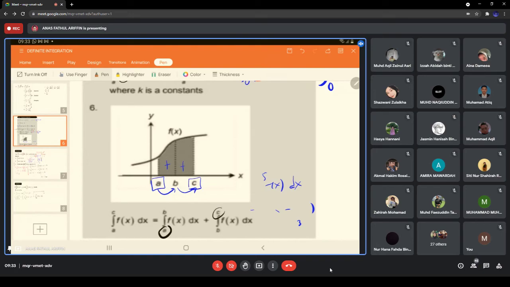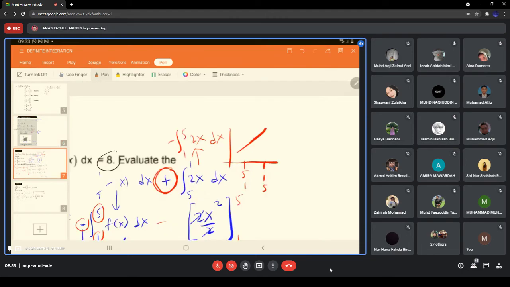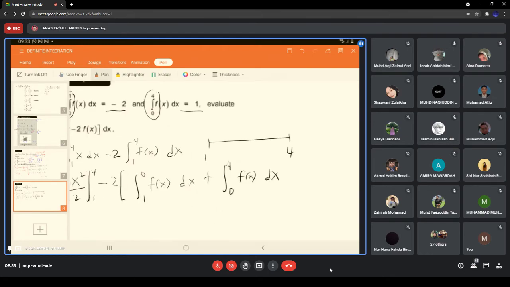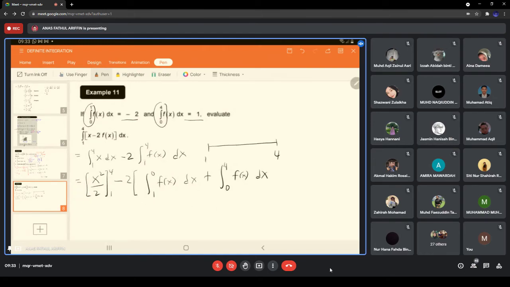Kita buat A to B and then B to C. Sama juga macam tadi. Kenapa kita nak pecah ni? Sebab fx ni from 1 to 4 kita tak ada. So, kita pecahkan dua.